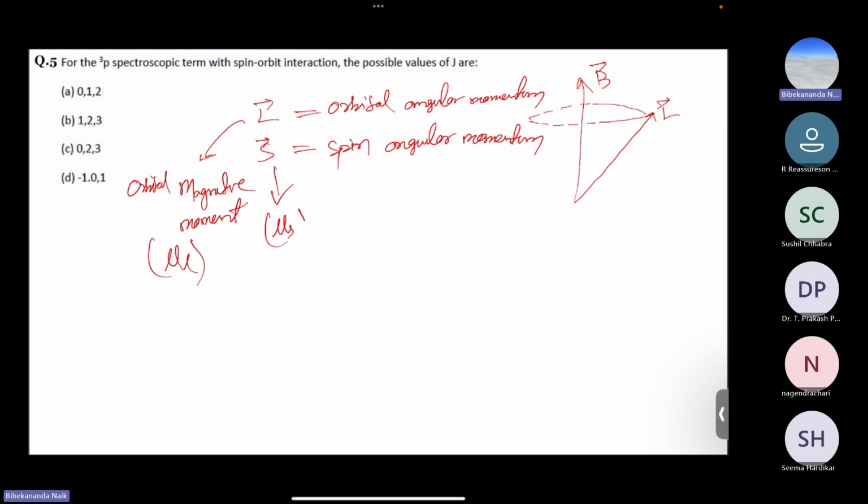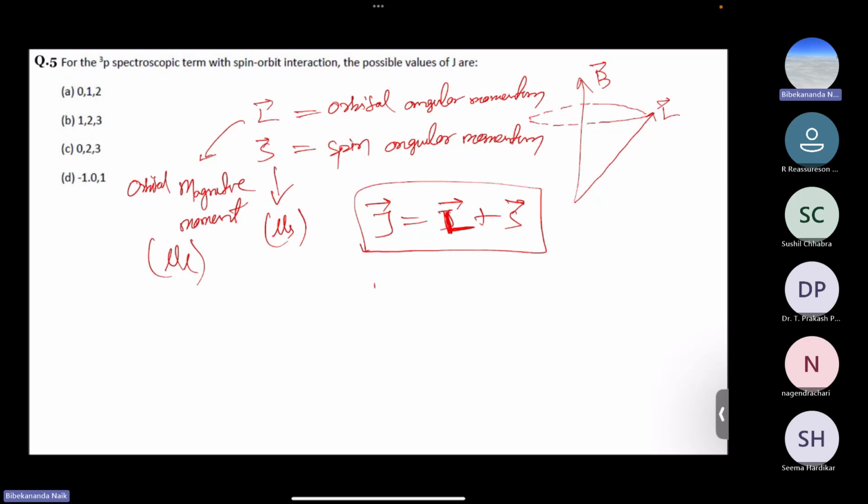So these two magnetic moments interact with each other. When the magnetic field is weak, they interact with each other, and as a result, there is a total angular momentum, which is the J vector, the sum of the L vector and S vector.